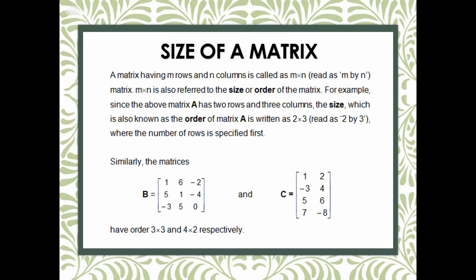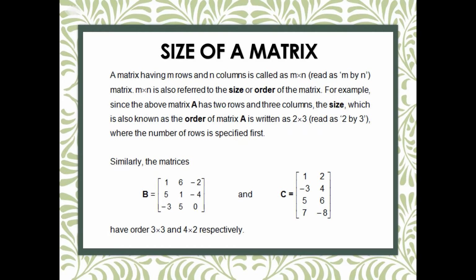A matrix having m rows and n columns is called an m by n matrix. M by n is also referred to the size or order of the matrix. For example, since matrix A has 2 rows and 3 columns, the size, which is also known as the order of matrix A, is written as 2 by 3, where the number of rows is specified first.